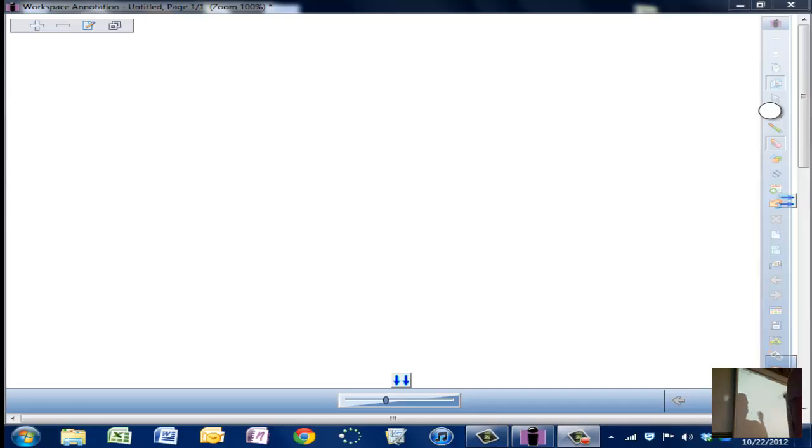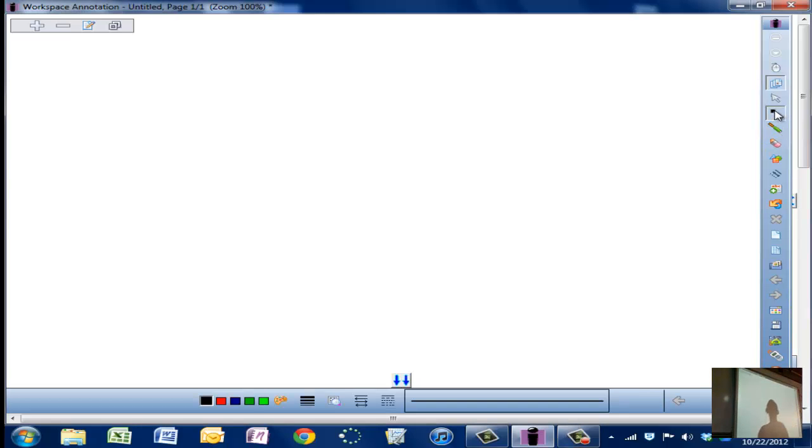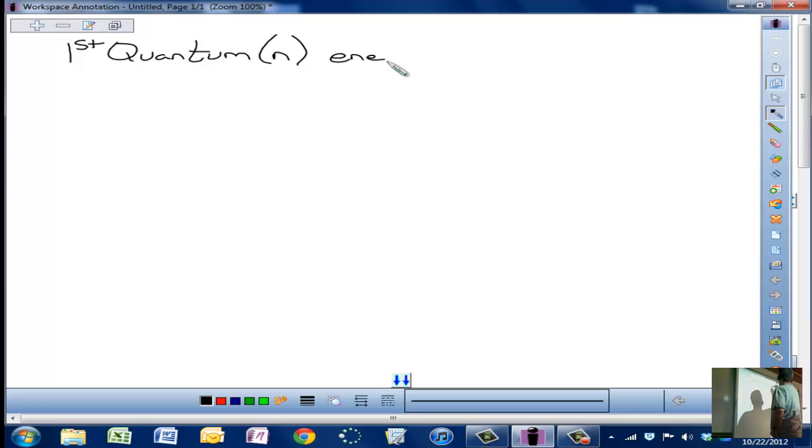The other day we started talking about four quantum numbers. If you remember, we said the first quantum number was n, and it represented the energy level that the electron is in.